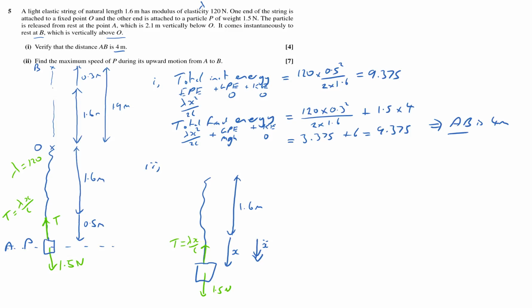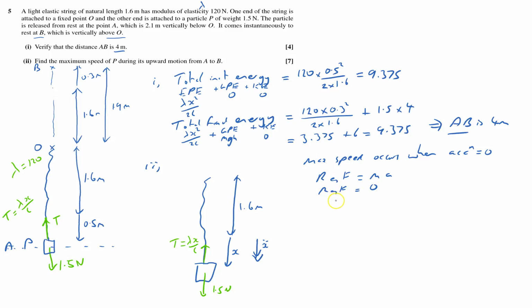And then I've got to think, when does this max speed happen? Max speed occurs when acceleration is 0, so that actually will be the equilibrium position of simple harmonic motion. Resultant force equals mass times acceleration, and a is 0, so resultant force equals 0, i.e., the upward force equals the downward force.